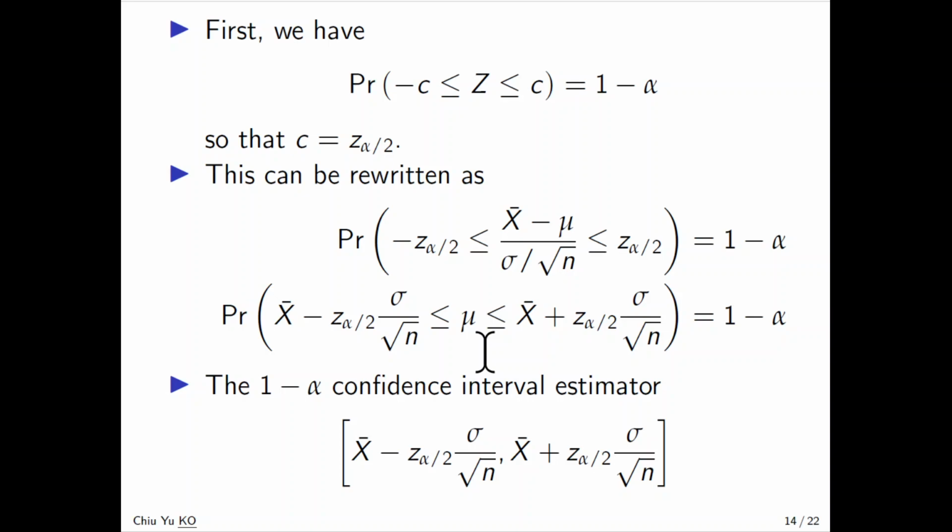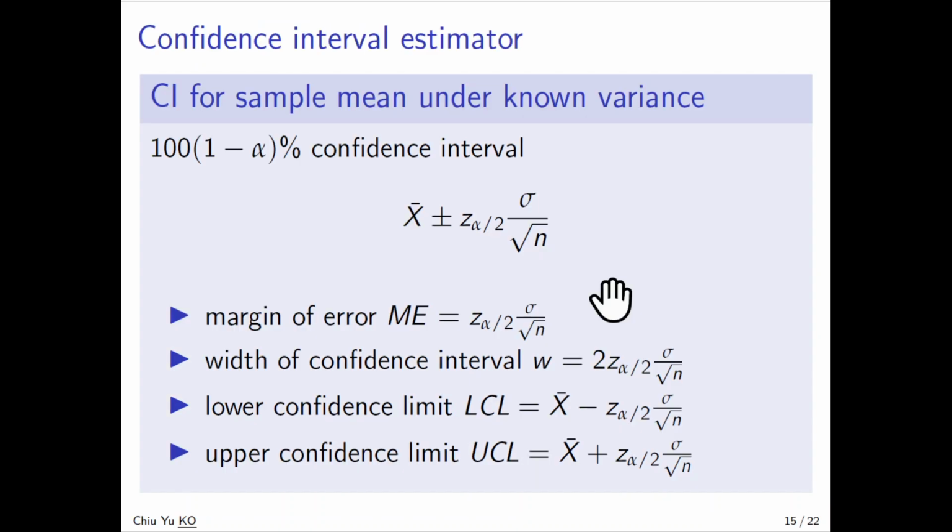It's not a random variable. What is a random variable is x bar. Here sigma is assumed to be known, n is something we know, and x bar depends on the sample you draw. So this random variable falling within mu has probability 1 minus alpha. That's the idea.